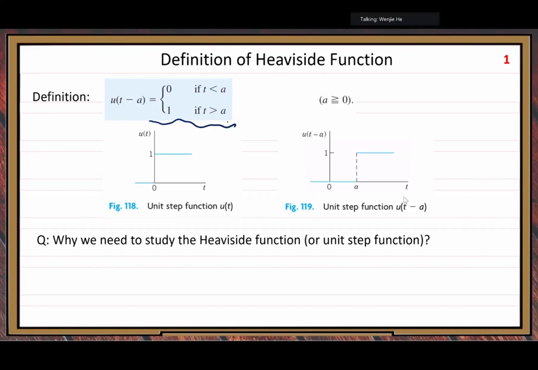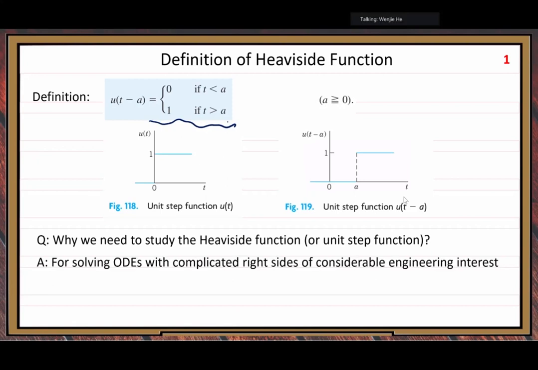So why do we need to study this? For solving ODEs first, later PDEs, with complicated right sides, the R function, R of x, at the right-hand side, which are of considerable engineering interest.